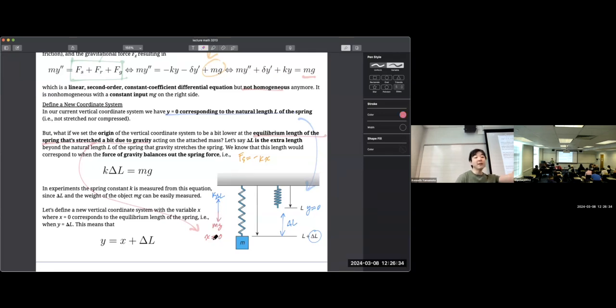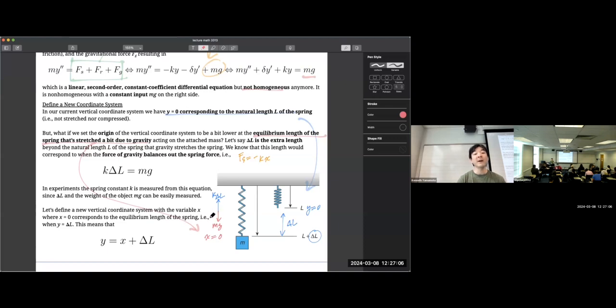The more gravity pulls it down, the more the spring is trying to counteract and pull it back up, because spring force is proportional to how much the spring is stretched. So gravity will initially stretch it a little bit, and the spring will try to counteract, but gravity may still be stronger, so it'll pull it more, and then the spring will try to pull it up more. Further along, there's going to be a point where gravity can't keep pulling it down, because the spring force also gets higher and higher as you stretch the spring more.